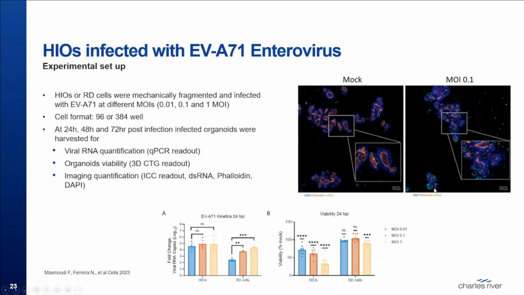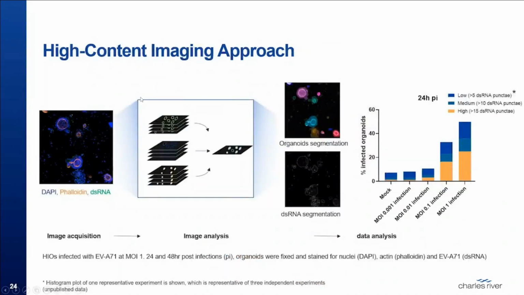Also, what caught our attention is that certain organoids show a very high level of infection, in this case displayed by staining with an antibody against double-stranded RNA, while others are almost not infected at all. And this gave us the idea to apply a high-content imaging approach to try to understand what's happening in the organoids.